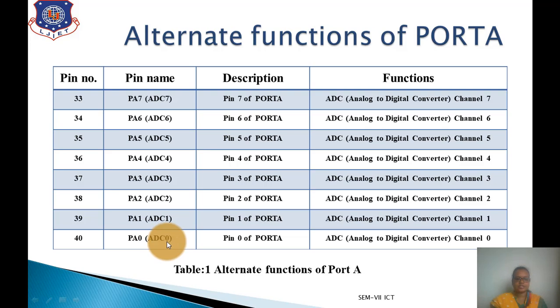Similarly, the descriptions run from pin 7 of port A, pin 6 of port A, up to pin 0 of port A. And the alternative functions are ADC, analog to digital converter, for channel 7, channel 6, channel 5 and so on up to channel 0. So these are the alternative functions of port A. If these alternative functions are being used, then this port will not be used as an input output port.